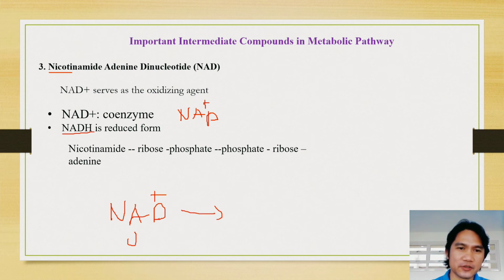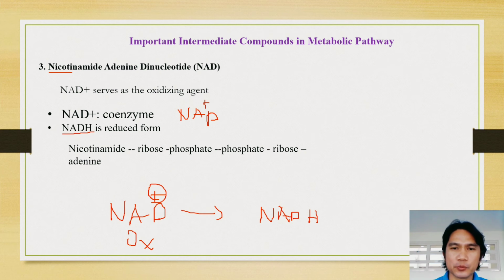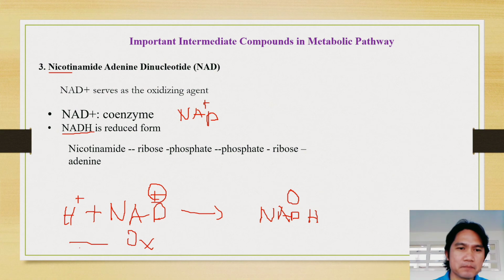Okay, as I said, this is in the oxidized form, and this is in the reduced form. Notice that in the oxidized form, this is positively charged. However, in the reduced form, the charge is 0. So we will balance the hydrogen atom. So we will put here one hydrogen ion, making this side positive 2.